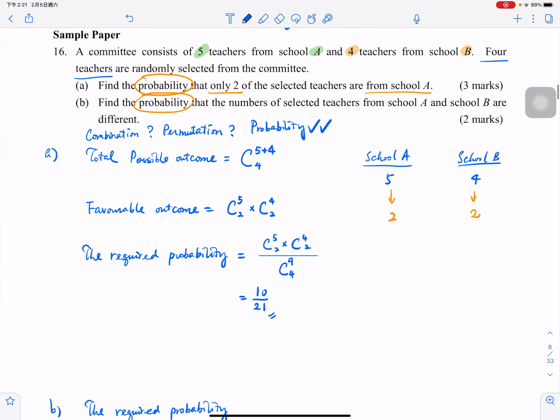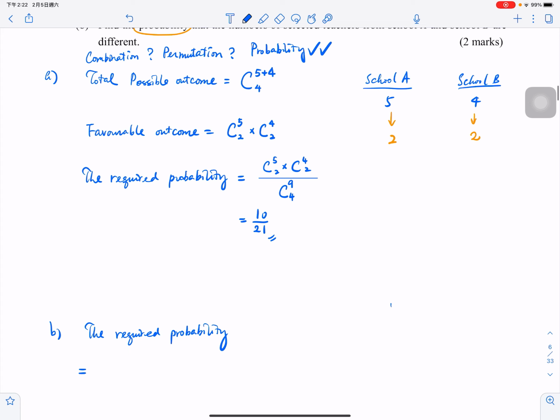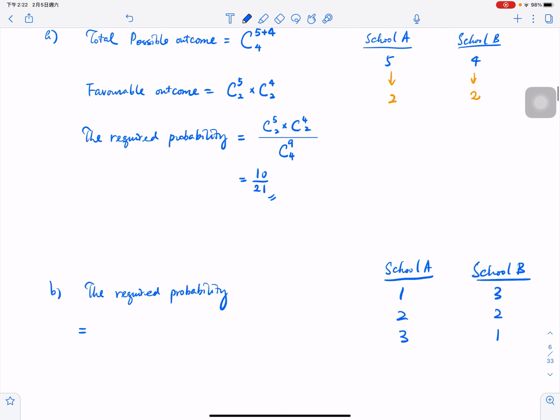So let's see, how about part B? Part B: find the probability that the number of selected teachers from school A and school B are different. What do you think? Different means maybe 1 from A, then 3 from B; 2 from A, 2 from B; 3 from A, 1 from B. Can we choose only one school?